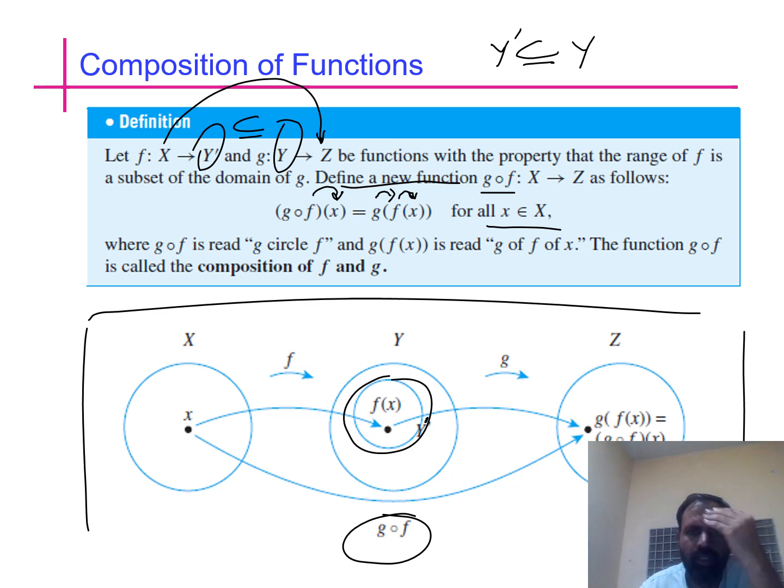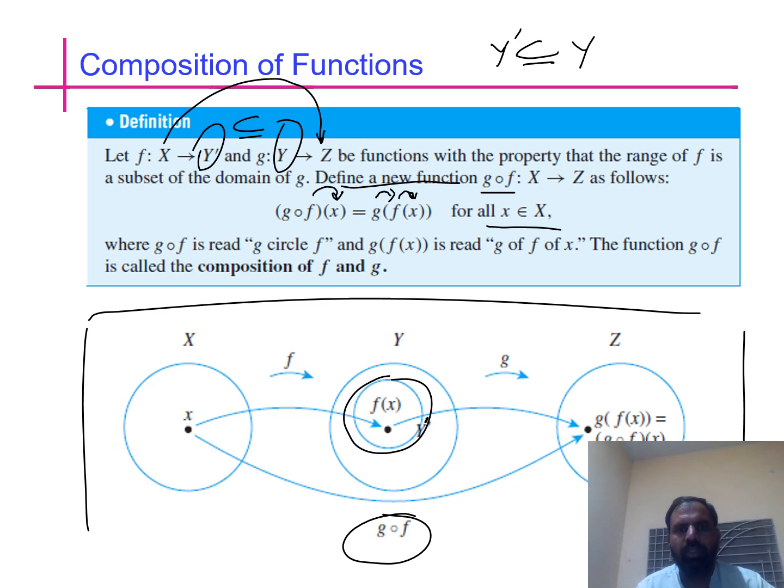as follows: g circle f of x is equal to g of f of x for all x belonging to X, where g circle f is read as g circle f or g composition f, and g circle f of x is read as g of f of x.